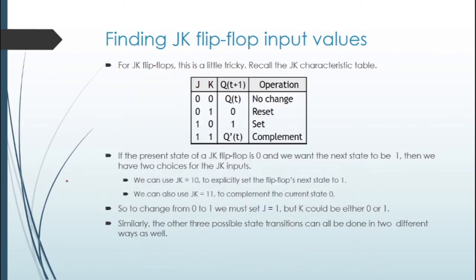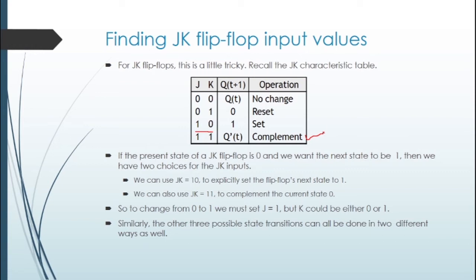For a JK flip-flop, there are different options. The characteristic table of JK shows that if both JK values are 0 0, there will be no change. If both JK values are 1 1, it will complement: whatever the current state is, it will change to the different value. If the current state is 0, the next value will be 1, and if the current state is 1, the next value will be 0.